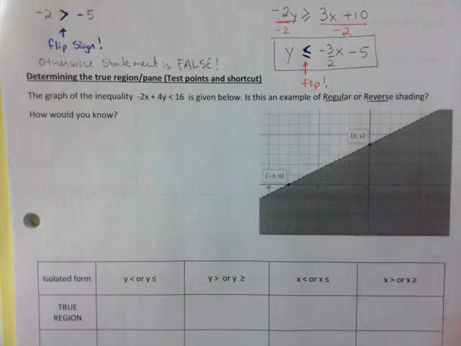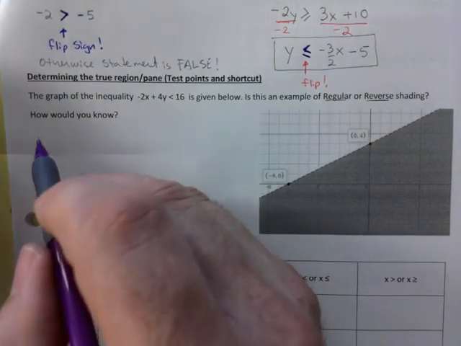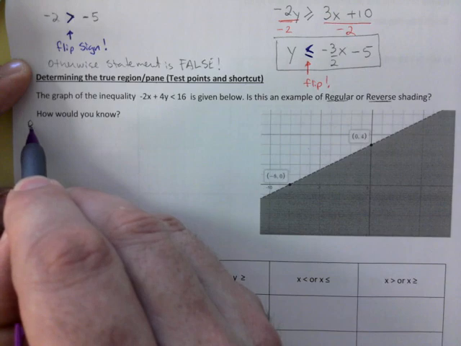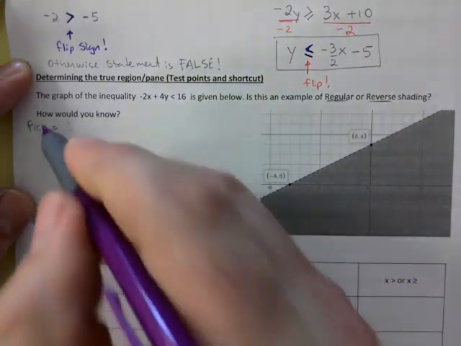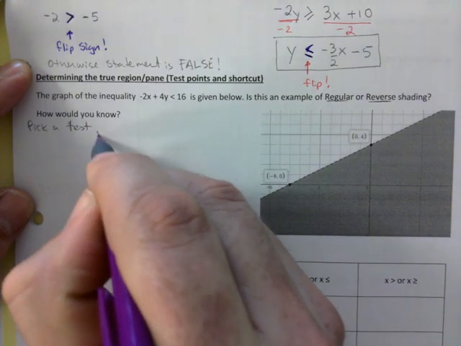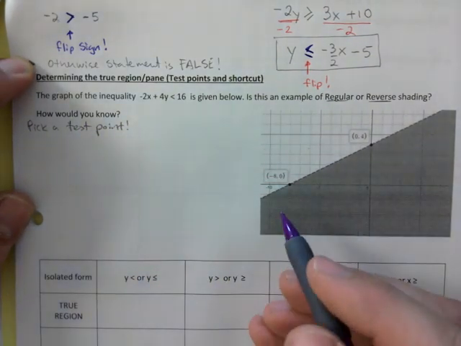How would you even know this, right? At this point, we have no idea. How would you know? Okay, so this is what I'm going to ask you to do. Pick a test point.